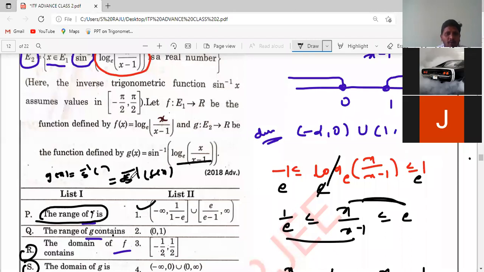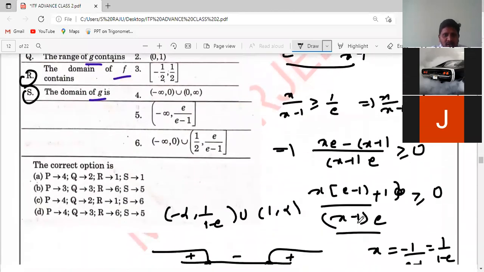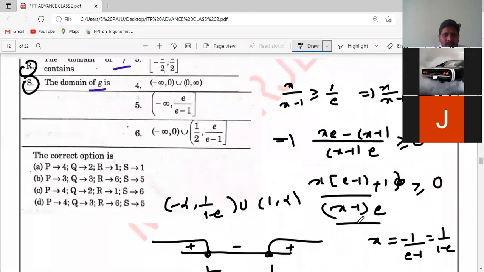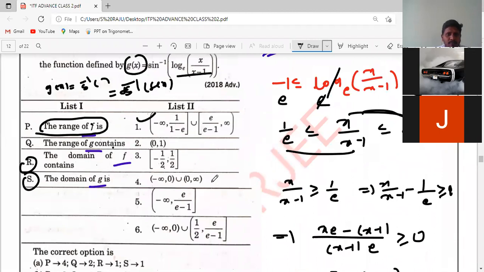This is a composite. The domains of f(x) and g(x) are given by this. So R is mapping to 1, S is mapping to 1. This domain we already got, and this is the common region.